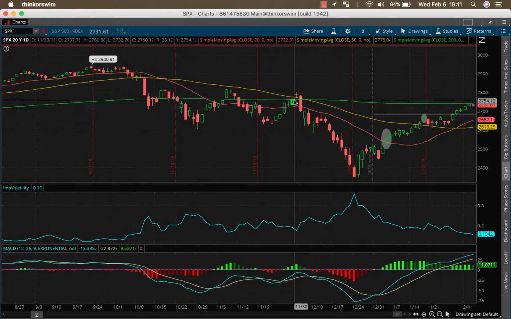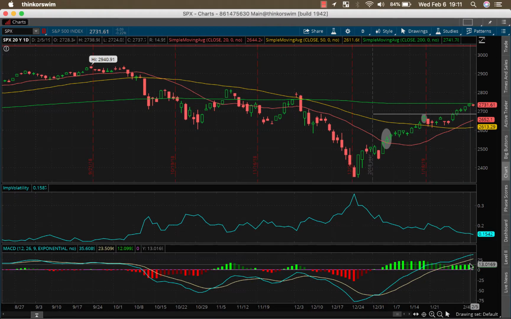Looks like we might have an intermediary head and shoulders bottom. We'll see what happens in the next couple of days as far as whether or not the market will try to break out. Personally, I think we'll probably test somewhere around the 2800 level and then withdraw just a little bit. But as far as MACD and so forth, it looks good.